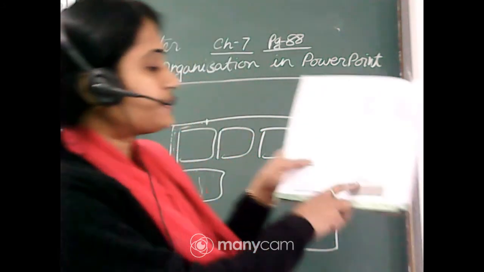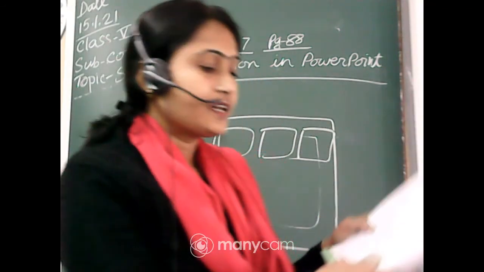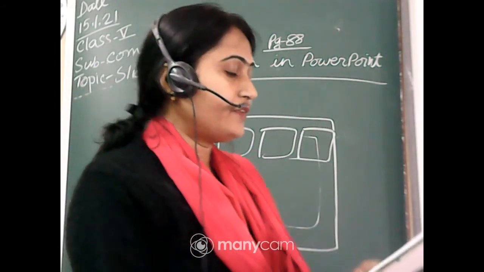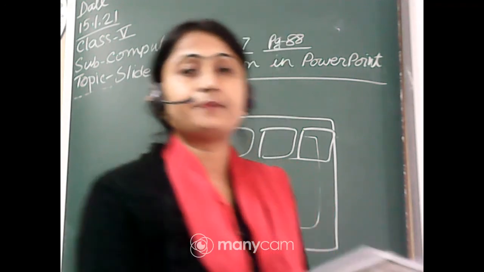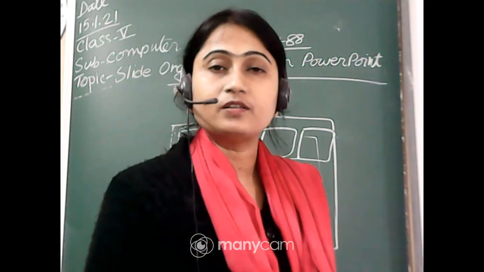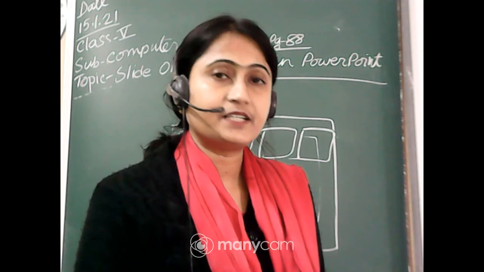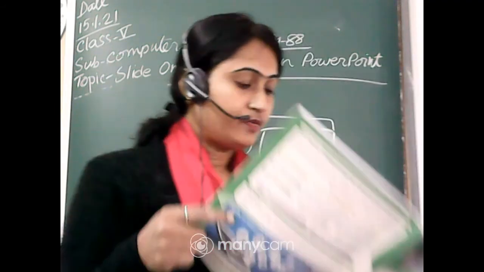Using this button you can go to the previous or next slide also. If you have a computer at home, make a project and apply all these views to see your presentation in slideshow view.